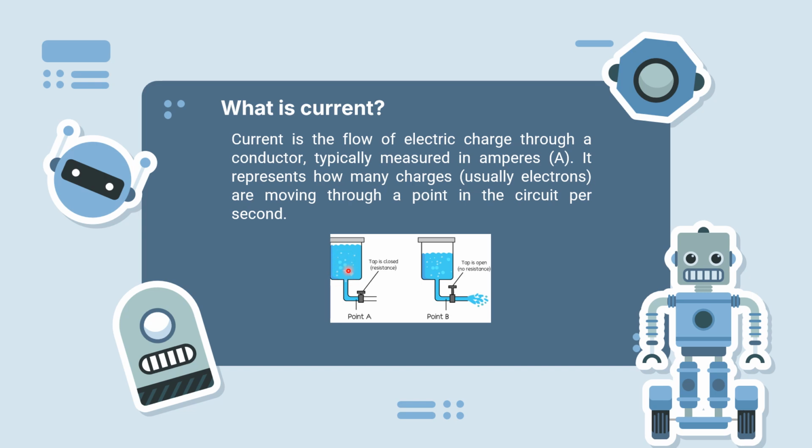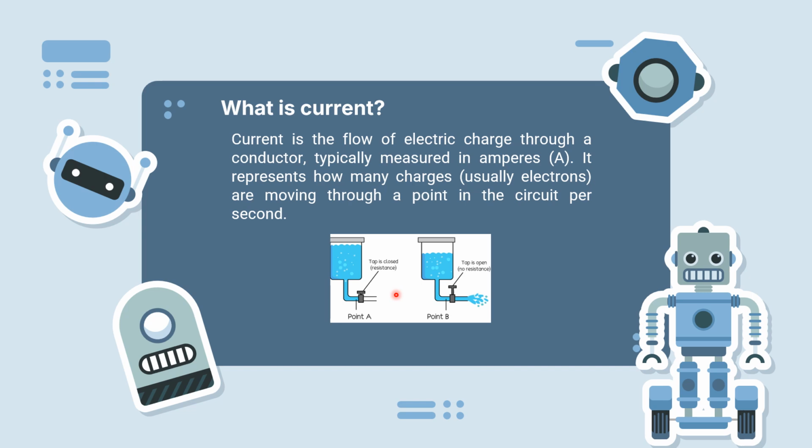We have a valve, or tap, that shows the resistance for us, and the amount of water that comes out of the pipe here determines the amount of current for us. So we have three of them here: voltage, resistor, and current.